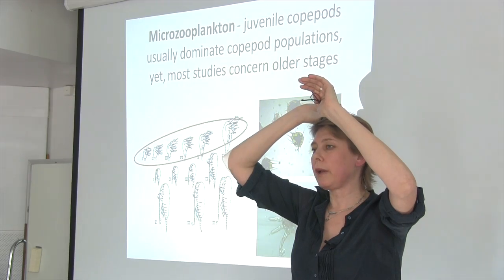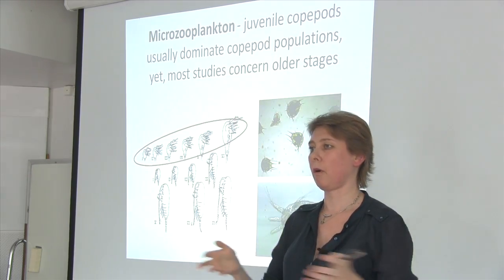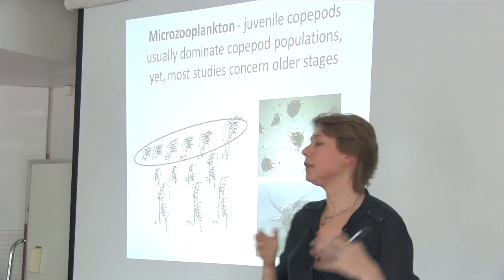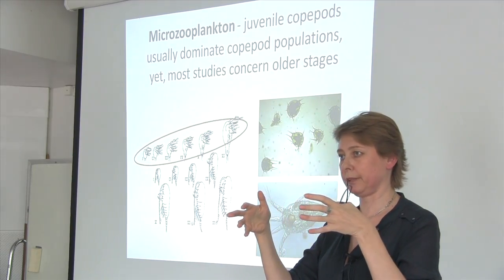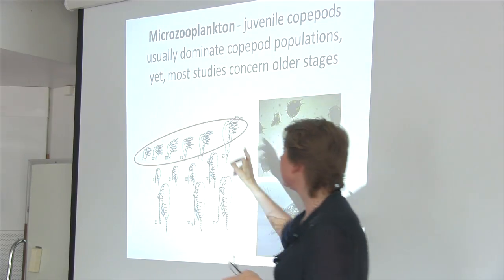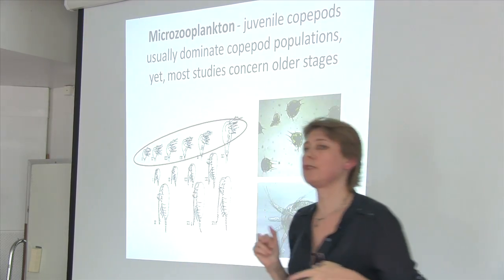If we say that we have that much of copepods in this area, it means that most of the copepods that we include in this biomass or abundance number are coming from juvenile stages.